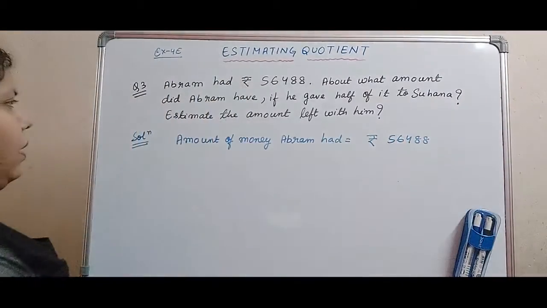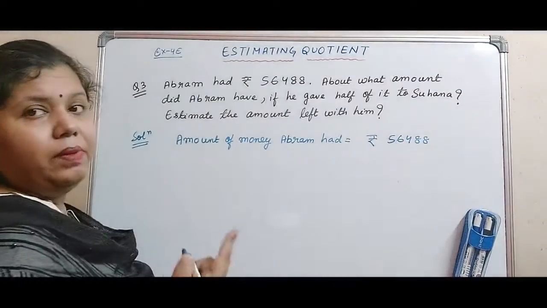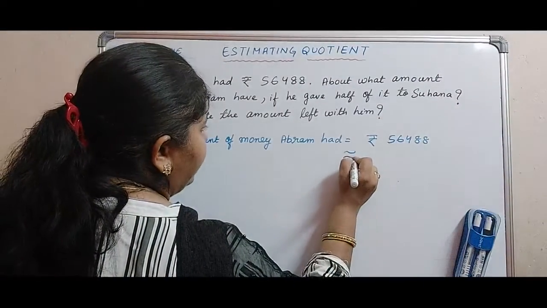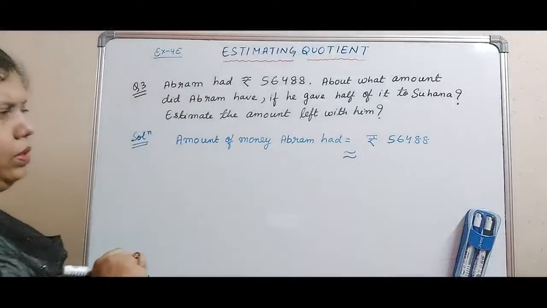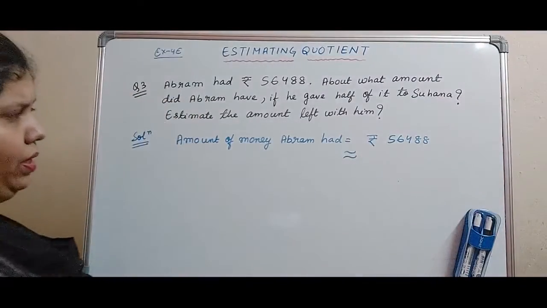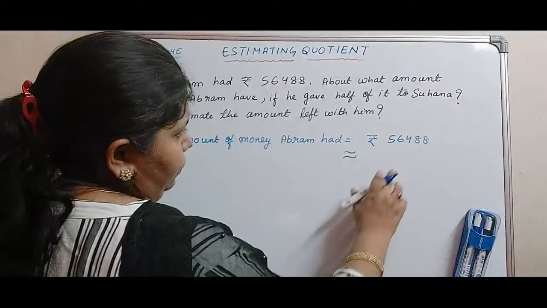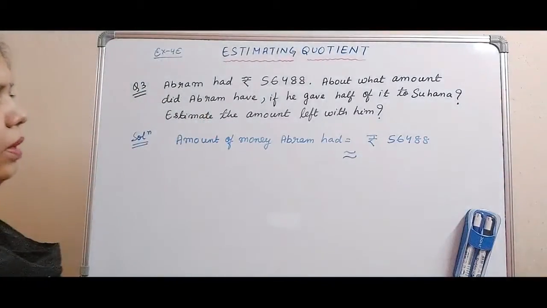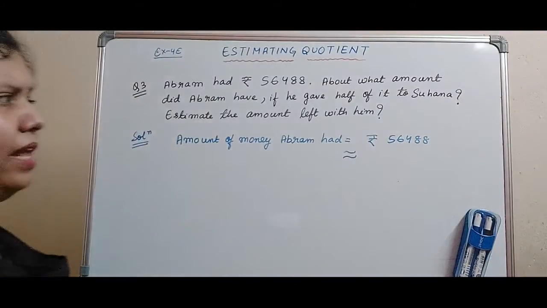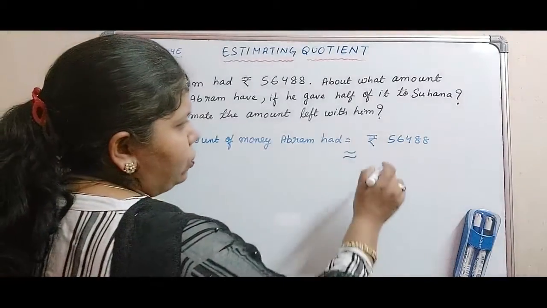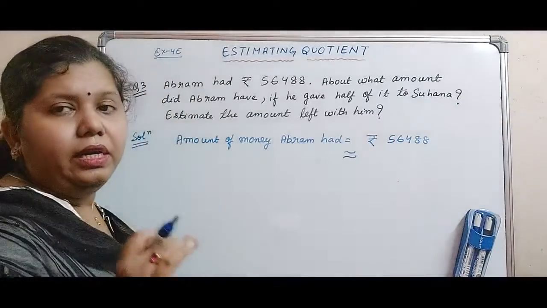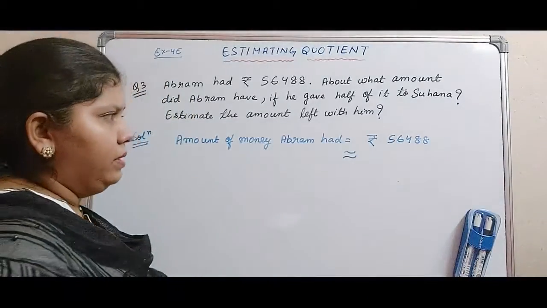Now you have to take out the estimated amount. For the estimated amount you use the symbol nearly equal to. First see what the highest place of this amount is. It is the 10,000 place. So we have to round off 56,488 to the 10,000 place.